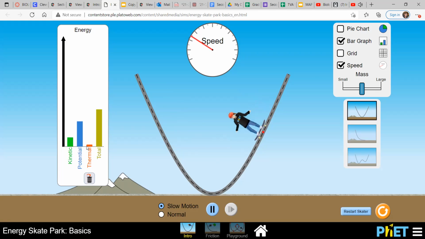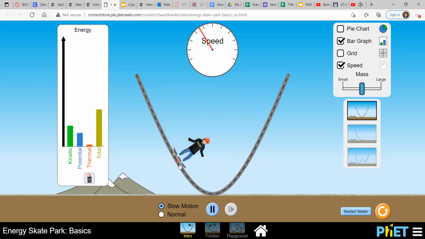At the top, you notice that the potential energy is the highest when they are changing direction. And the kinetic energy is the highest near the bottom of the ramp when the skater is moving the fastest. The speed is the most at the very bottom of the ramp.